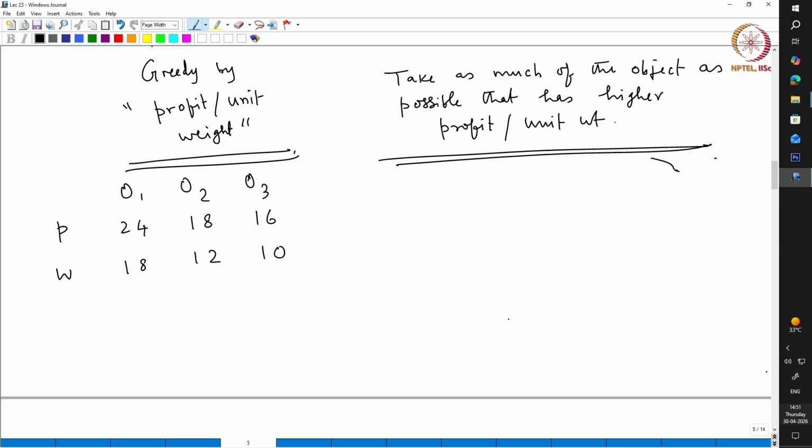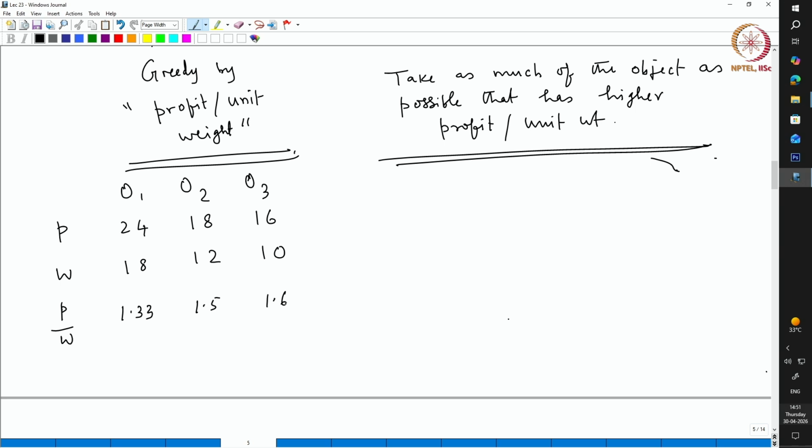For a weight of 18, you are earning a profit of 24. So, profit per unit weight P by W will be roughly 4 by 3, so 1.33. 18 by 12 is 1.5. 16 by 10 is like 1.6. So, O3 has got very large profit per unit weight.